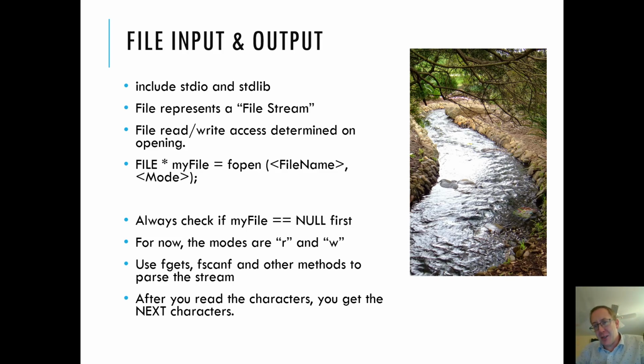It's just a continuous flow of information at me. So every time I read or write, I move on to the next part. I open the file, I determine if I'm reading or writing when I open it, and every time I read some text, I move further into my file. Every time I write some text, I move further into the file. That's what a file stream is.